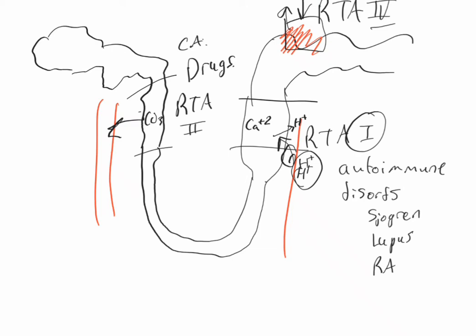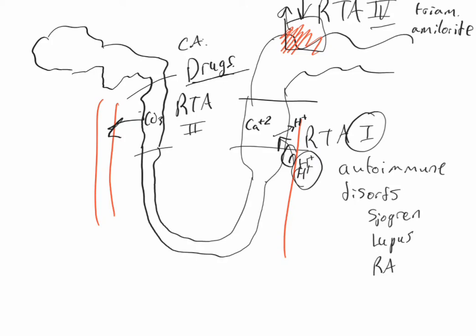Now, although I said that drugs have mostly an effect on the proximal convoluted tubule, any aldosterone site binding drugs, so some of the potassium sparing diuretics like triamterene and amiloride, can cause a type 4 renal tubular acidosis.